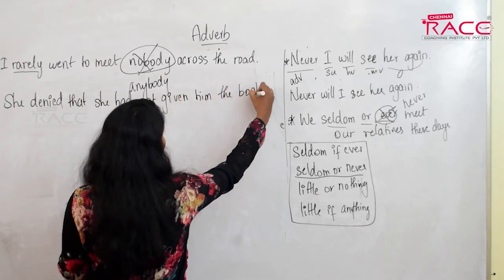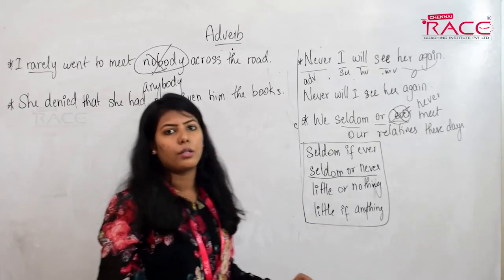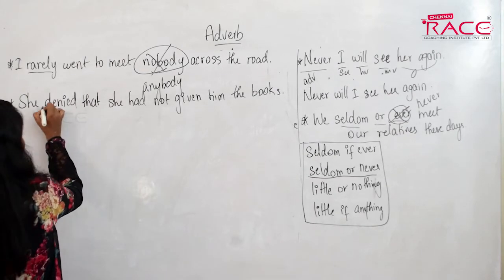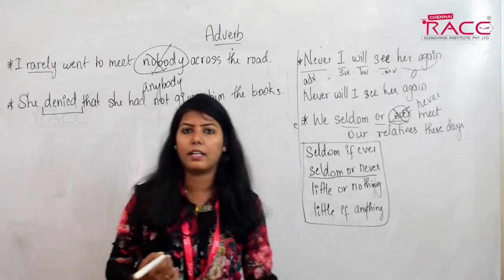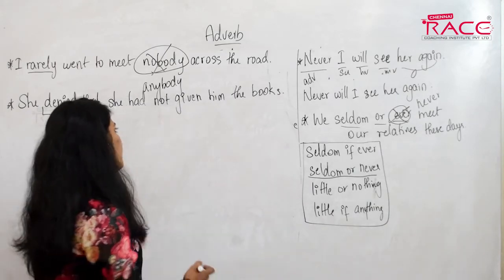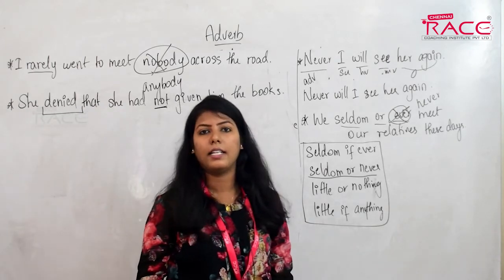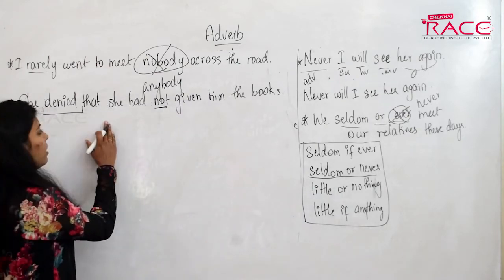So here, what's the rule is, denied is something negative. Okay, denied is already negative. So she denied that she had not. Another negative word should not be used here. So you cannot say she denied that she had not given.